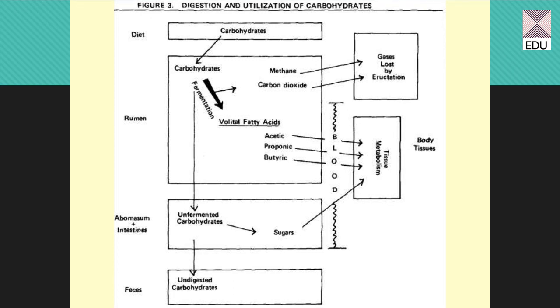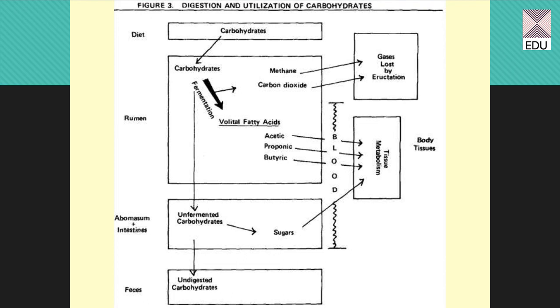Number one, fatty acids. Number two, methane. Number three, carbon dioxide. As you can see on the right side of the rumen box, methane and carbon dioxide, both gases, are lost by eructation, so they are given out.